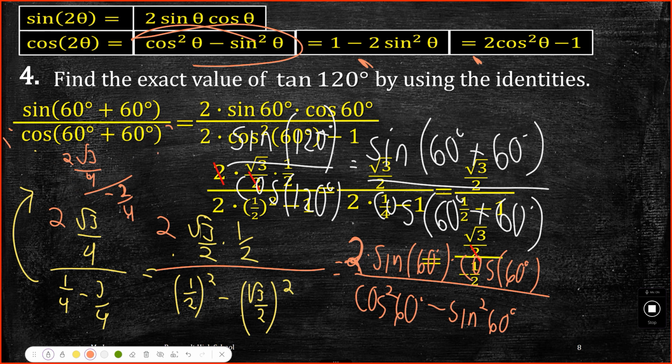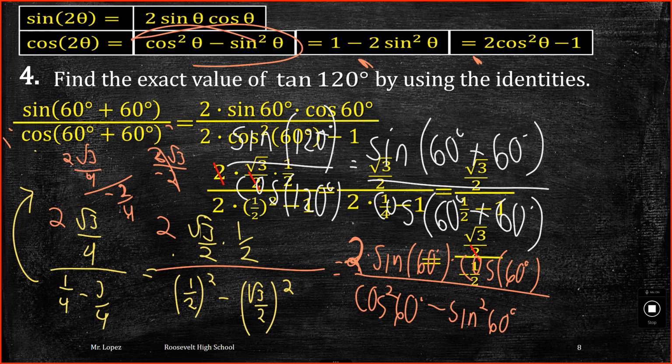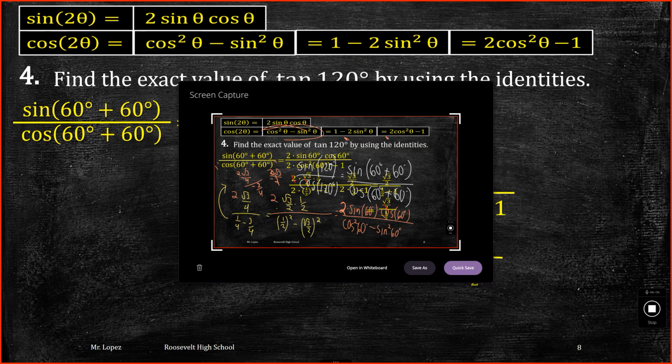So I'm going to get root 3 over negative 2. It's correct now. So we're done. Sometimes it's good to make mistakes because then we really start thinking about what is going on here.